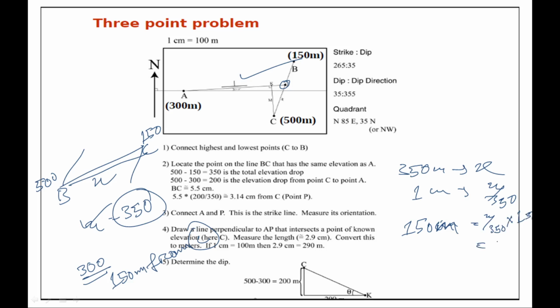Then you can find out the value, let's say y. Then you can take that y distance from C. Then you can find out the point here, and then you can join it with A. You can do that also.